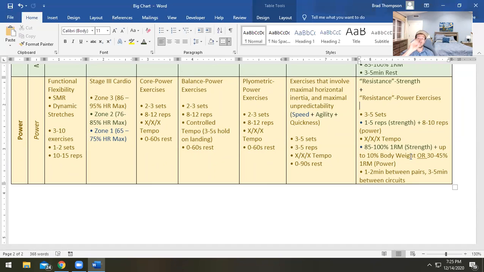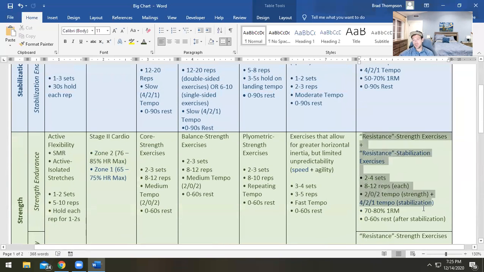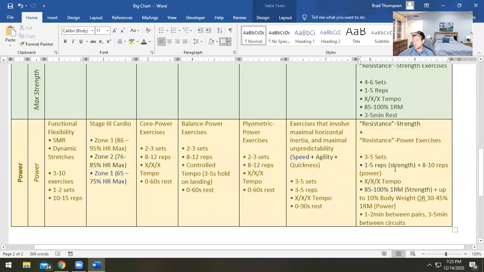In the power level, it's strength plus power. So if it was a strength endurance superset, you'd do a bench press paired with a stability ball chest press, right? But in the power level, you're going to do the bench press and pair it with a medicine ball chest pass, right? Something super fast and super explosive.